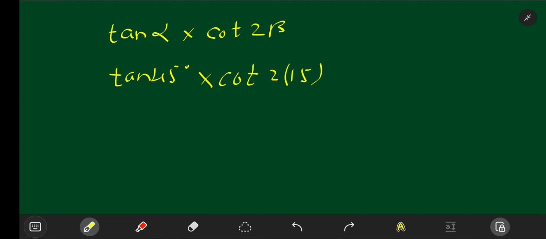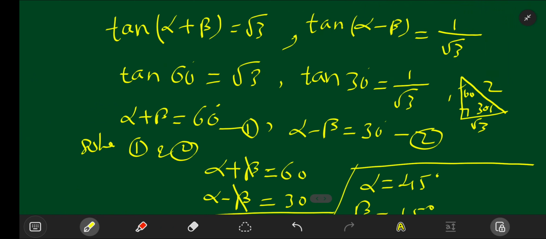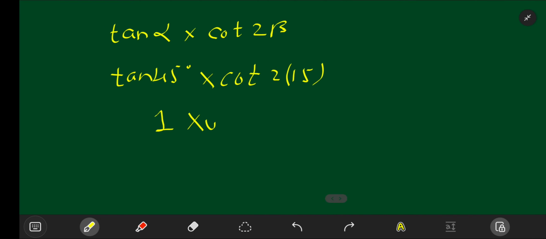Tan 45 degrees we know is 1, and cot 30 degrees, from here, cot is adjacent side by opposite side, that is root 3. 1 into root 3, root 3 is the answer.